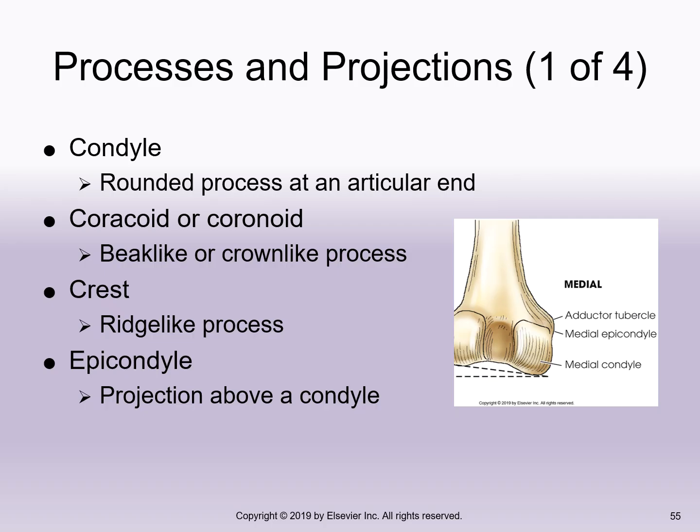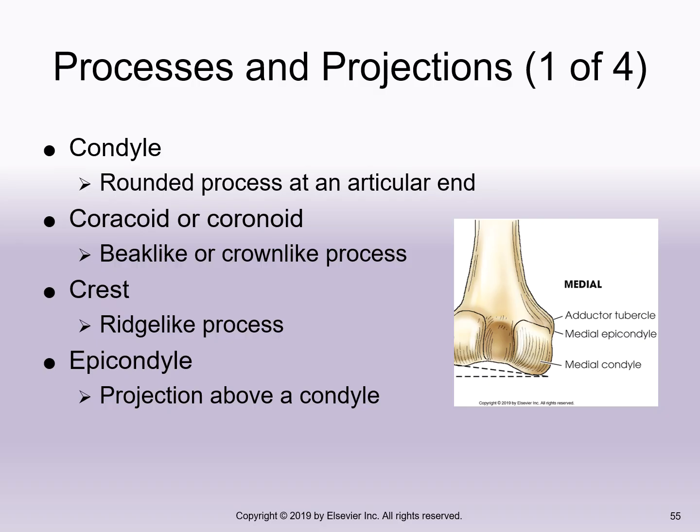All right, so a condyle. The biggest condyles you have are in the distal femur. The condyle is a rounded process in our articular extremity. If your knee is thin enough, and you don't have excess tissue around your knee, you can actually feel the femoral condyle by poking in just to the side of your patella, where there's a little tissue depression.